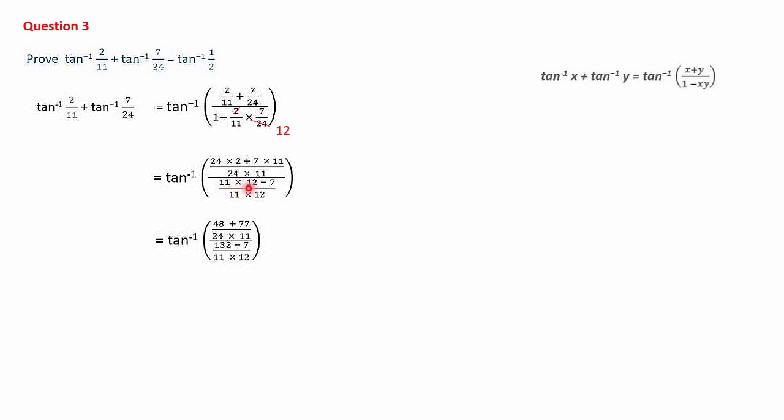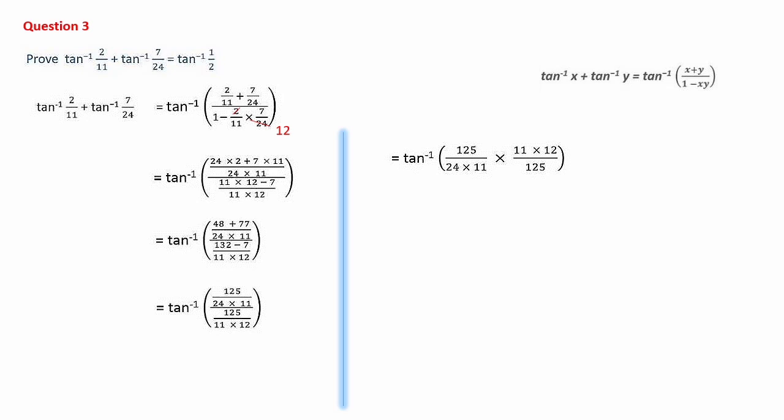When we multiply, you will be getting 132 minus 7, denominator as it is we can keep. That is equal to tan inverse 48 plus 77 will be coming as 125, divided by the denominator just to keep the same because we can cancel at the end. 132 minus 7 is 125. Here also the denominator just to keep as it is, 11 into 12.